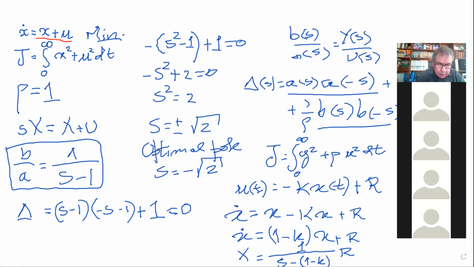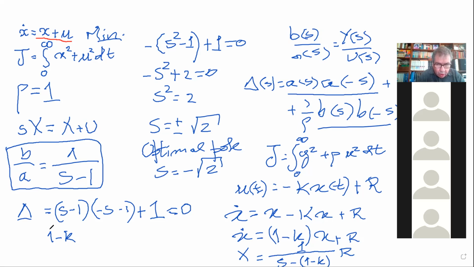Okay. So my pole is 1 minus k. That's my closed loop characteristic polynomial. Sorry, my characteristic polynomial is s minus 1 minus k.